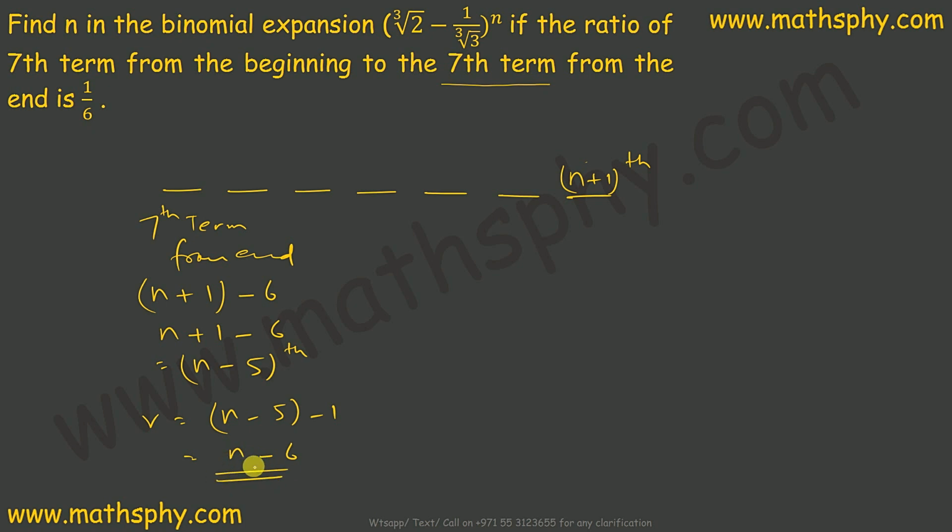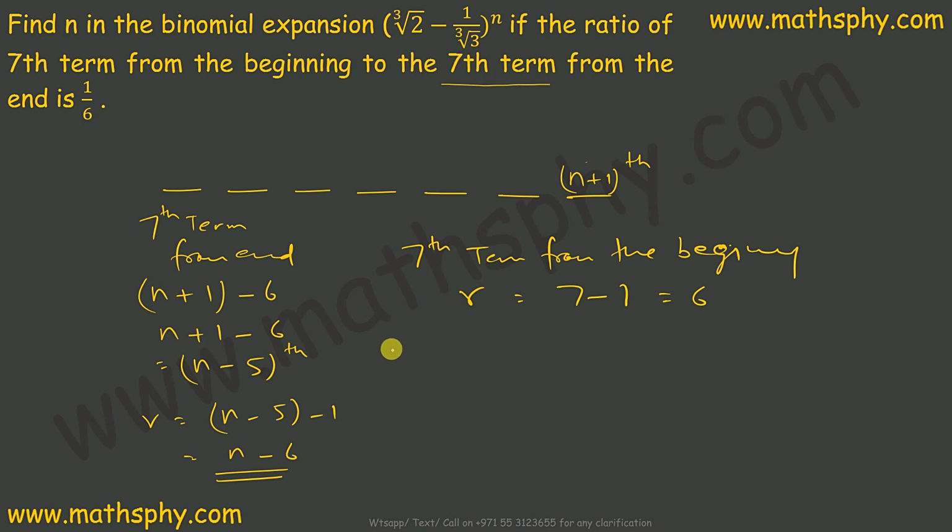This is my r. Second thing, the 7th term from the beginning will give you r as 7 minus 1, which is 6.